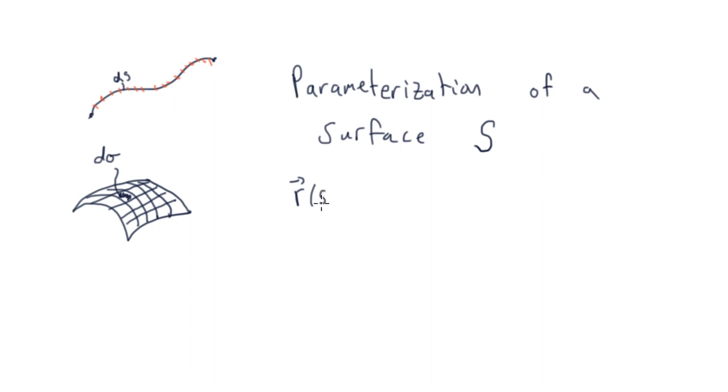But this time we're going to have two parameters, because inherently a surface is a two-dimensional object, whereas a curve is a one-dimensional object. And so we'll have still three component functions, and each one of the component functions will depend on both of the parameters, s and t.